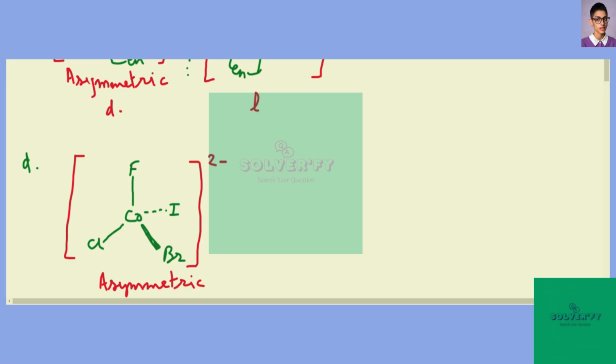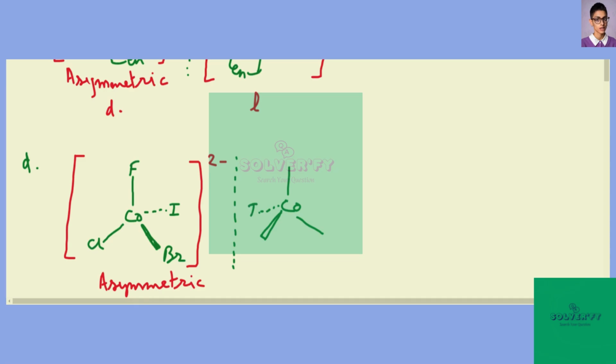So let us make the mirror image of it. Suppose here a mirror is kept, so the other isomer should be cobalt at the center, and one bond is here, and one should be here, and one is above the plane, and the other should be below the plane.